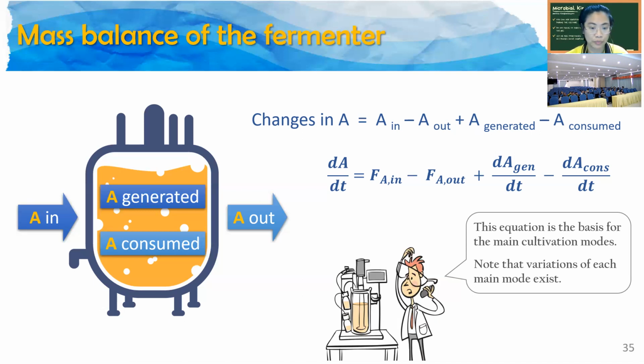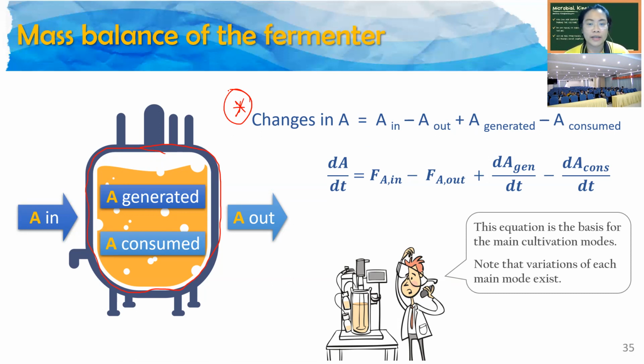And there could also be something out from the fermenter. The mass balance around the fermenter follows this general equation.